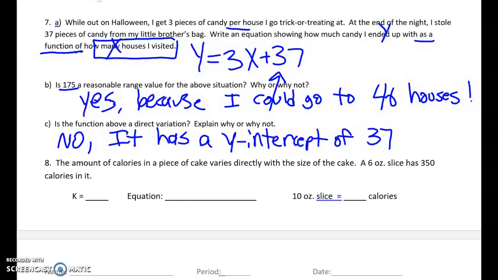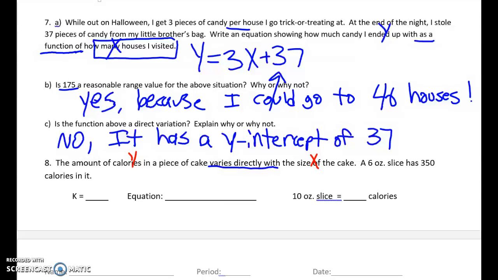Number 8, the amount of calories in a piece of cake varies directly with the size of the cake. A 6-ounce slice has 350 calories in it. So, again, varies directly with. That's important because that tells me y varies directly with x, calories with the size of the cake.